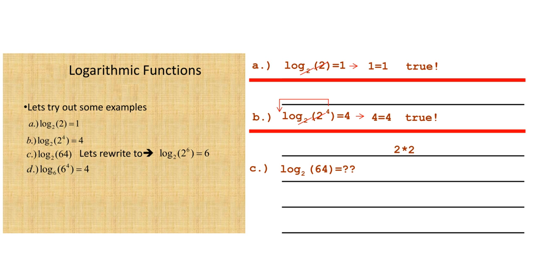Well, the question is, how many times do we multiply 2, because it's a base, right, until we get 64? Let's see, 2 times 2 is 4, 4 times 2 is 8, 8 times 2 is 16, 16 times 2 is 32, 32 times 2, we're basically doubling it, so that should give us double of 32. Hey, 64, agreed.